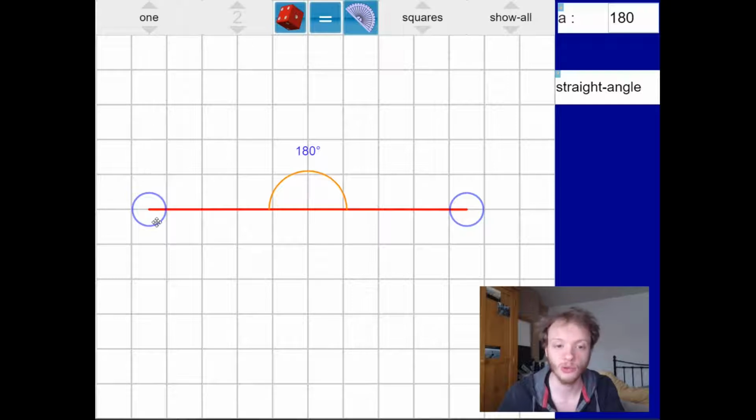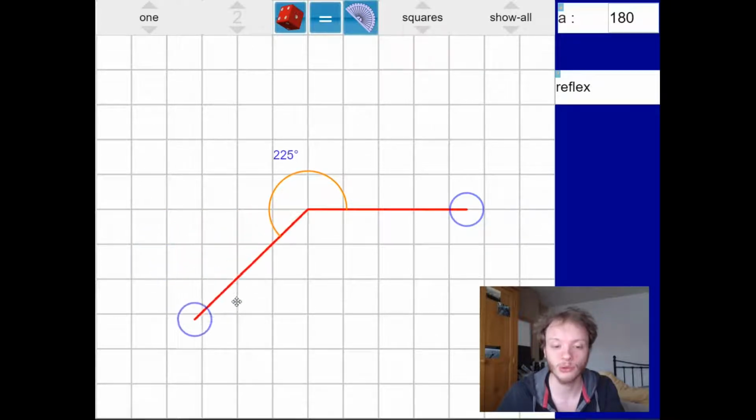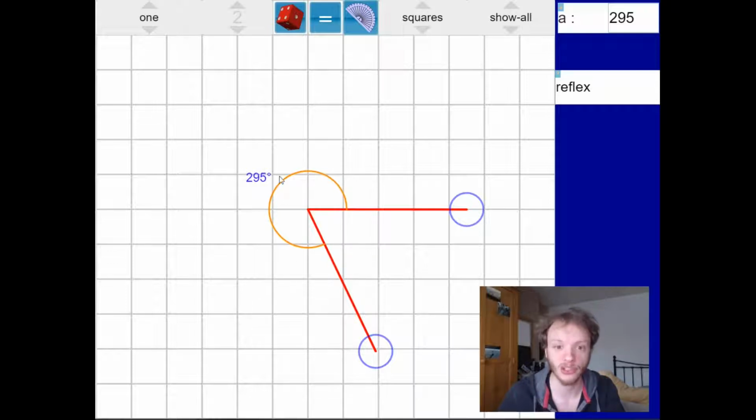For those year 4s moving into year 5 territory, once we go past 180 degrees, we actually move into reflex angles. So these are angles which are more than 180, but less than a whole turn. And you can see there, we've still got that orange line showing the degree of turn. We're measuring around the outside of where 2 lines are meeting.